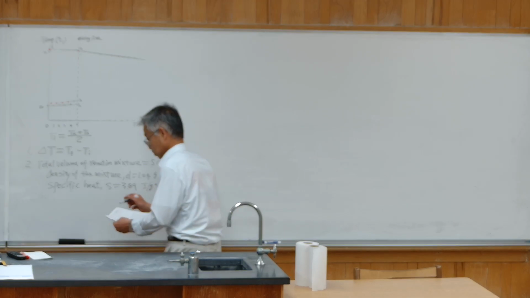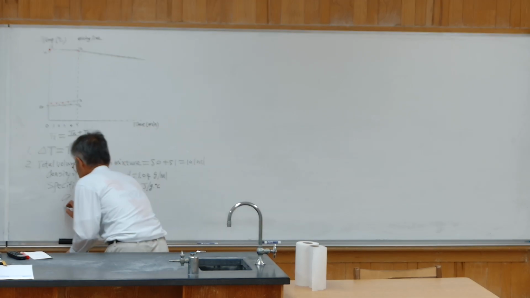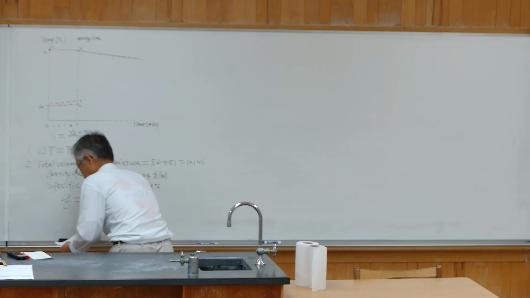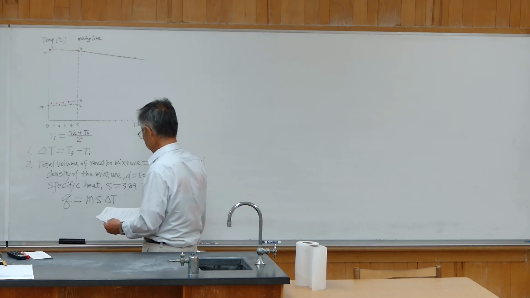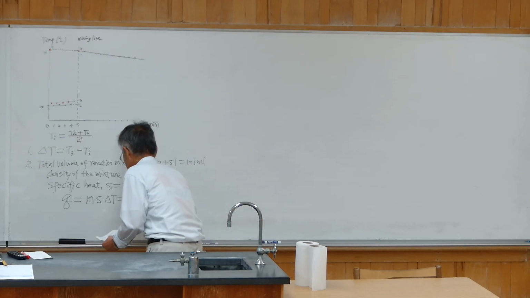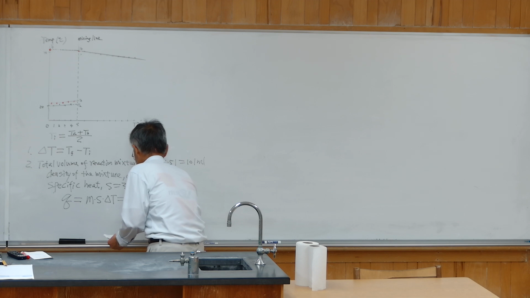So heat released, this heat is Q. So it should be M times S times delta T. M is the mass of the reaction mixture. So from volume times density.